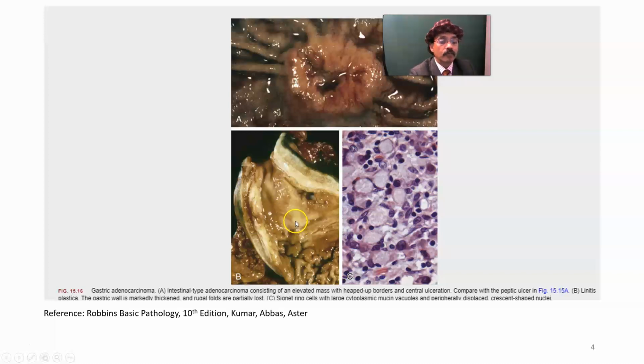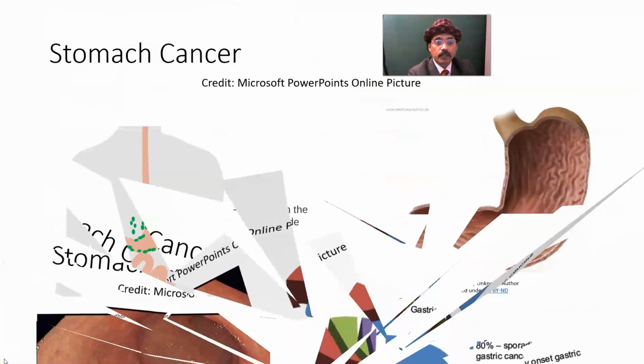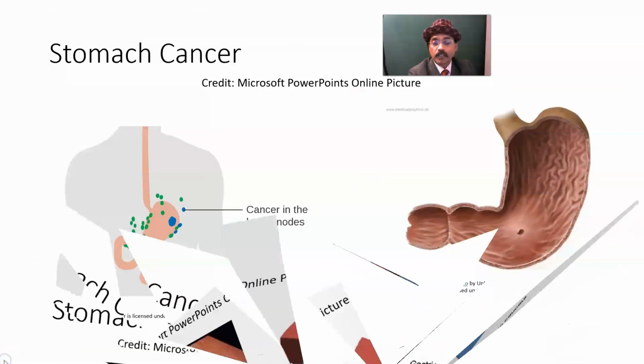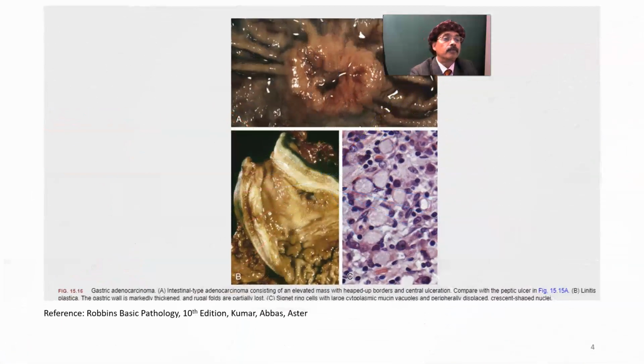If you study the cancer cells from here or from there, we get this type of signet ring appearance cell.